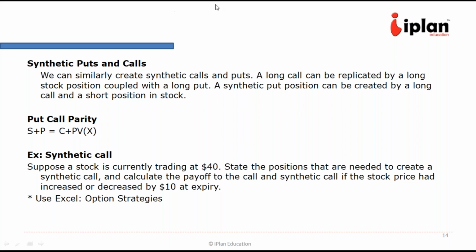Right. So example of synthetic call. Suppose a stock is currently trading at 40.